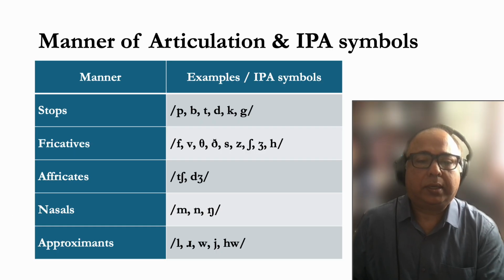Manner of articulation and IPA symbols. Now this is important for you. Let's suppose you are reading out loud and you do not know how to pronounce a word. You can look up the word and the IPA symbols. All right. Stops. You see between the forward slashes, there are 6 stop consonants, and those are the IPA symbols. These are not letters. It's important for you to learn. They are sounds.